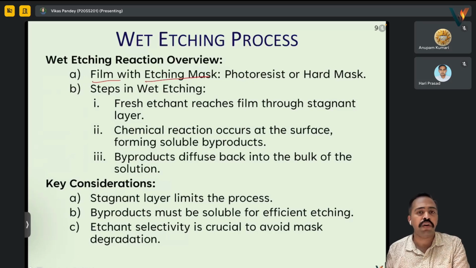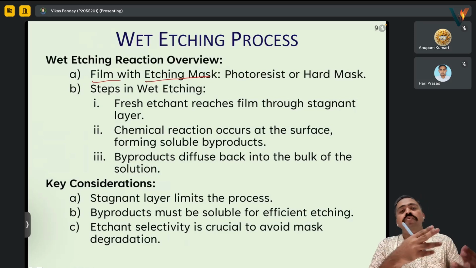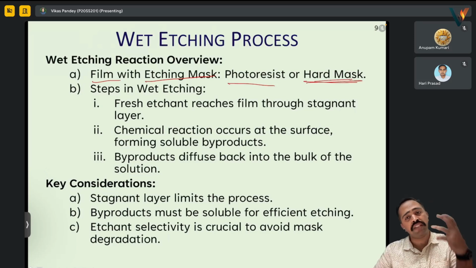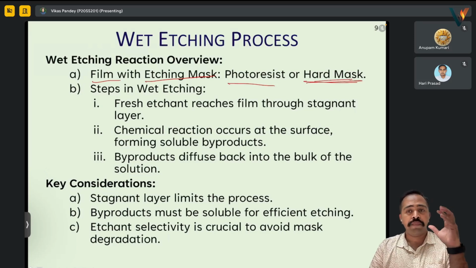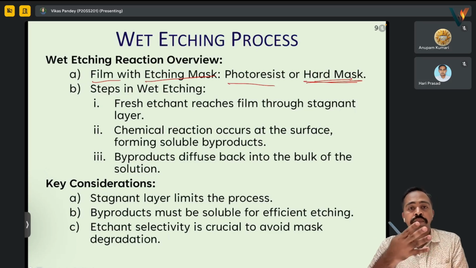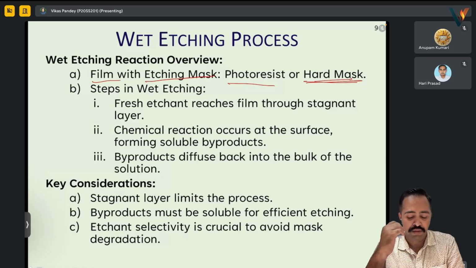Until here, we already know how to deposit a film, and how to create a mask or a pattern of, say, PR or whatever we need. Photoresist or hard masks. Sometimes a physical mask, like a tungsten mask with cutouts, can also work. Or sometimes a Teflon mask is also used. We will see processes that need such a mask.